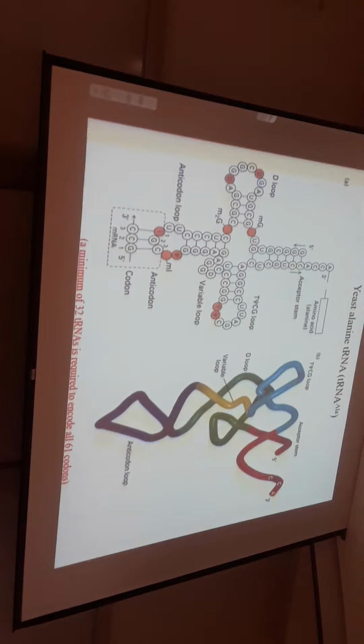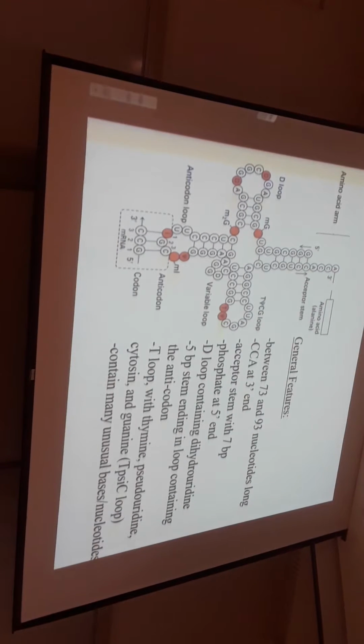In certain organisms we may have more, but it takes at least 32 tRNAs. So what are the general characteristics? Remember, there are different tRNAs for different amino acids, but they have some general features. In length, they vary between 70-some and 93 nucleotides.